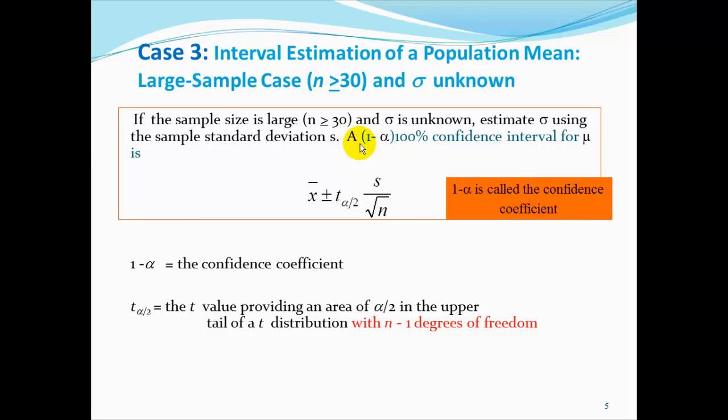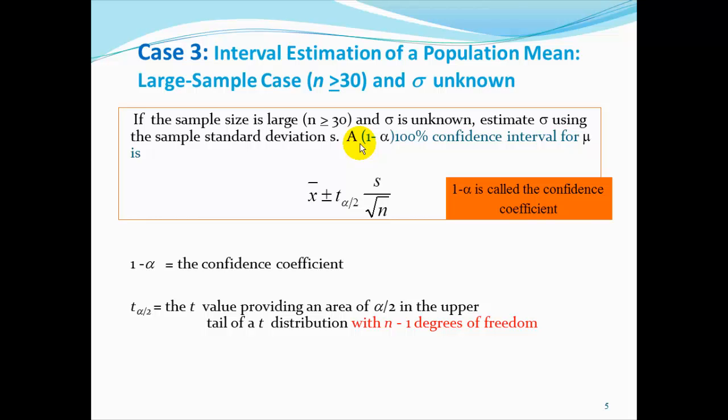Accordingly, our formulas for case 3 and 4, with sigma being unknown, will utilize the t-distribution instead of the z-score distribution, the normal distribution that we used in the last section.